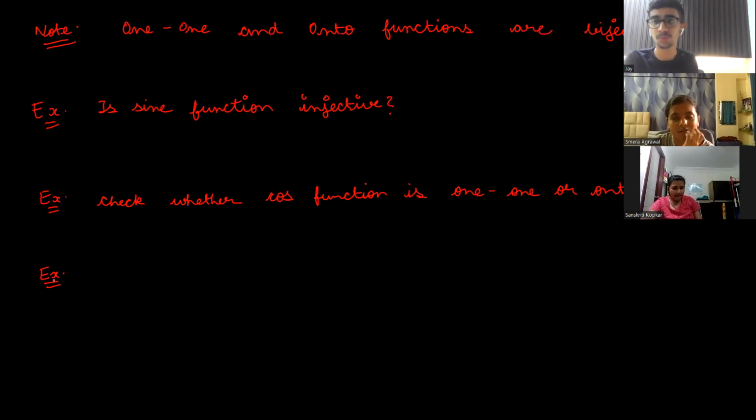It is injective, 1 to 1. Sir, in this we will take degrees in one bracket and values in the other. See, if you say it is injective, what you have to check is whether two particular values of x, two angles of x, give the same value for sine.